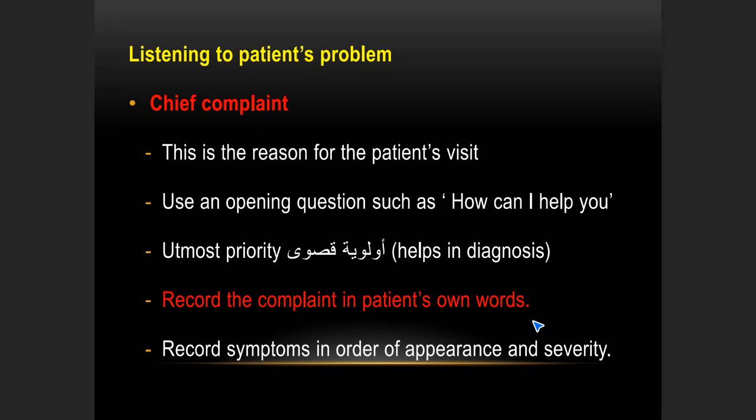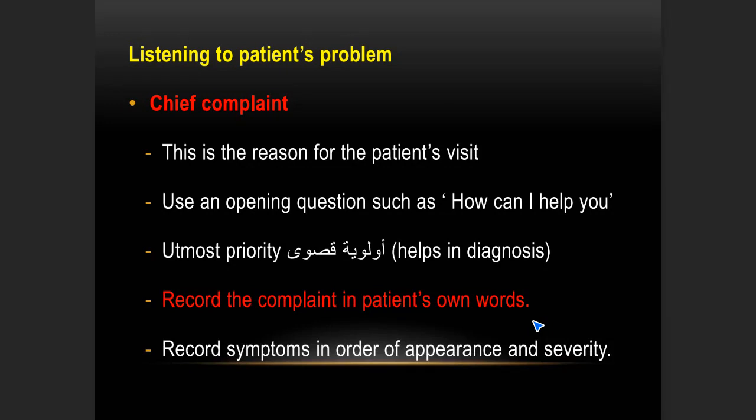So remember, if I say it should be in the patient's own words, don't write exactly what the patient tells you. It should make some sense when you write it. What I mean by patient's own words is that here you cannot use terms like maxilla, mandible, anterior, posterior.